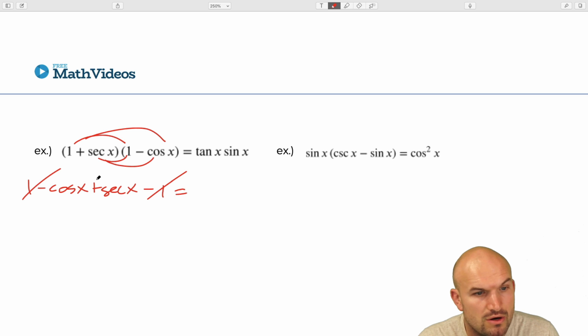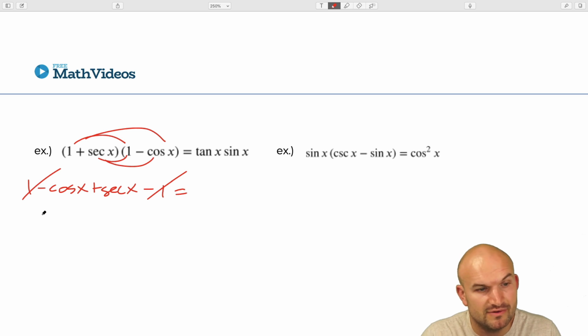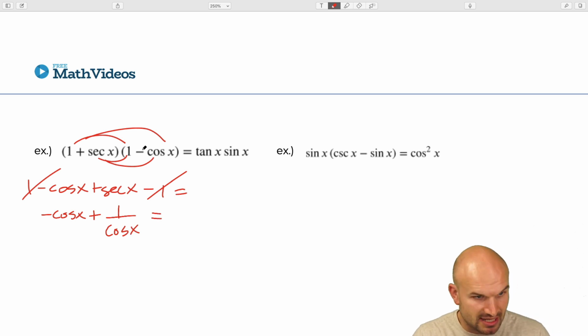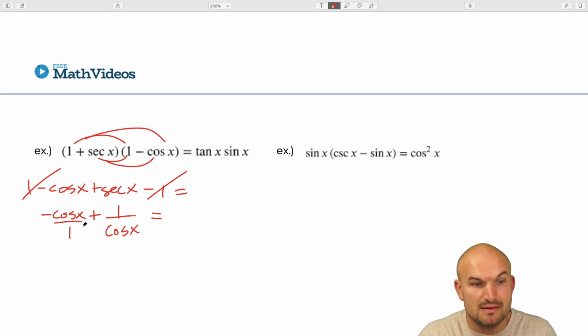Okay, so now another thing that I can do is I can go ahead and, well, why don't we combine these, right? So if I could rewrite this as a negative cosine of x plus a 1 over the cosine of x, right? So you could rewrite secant as 1 over cosine. So therefore, to get the common denominator, I multiply by cosine of x over cosine of x on the top and the bottom.